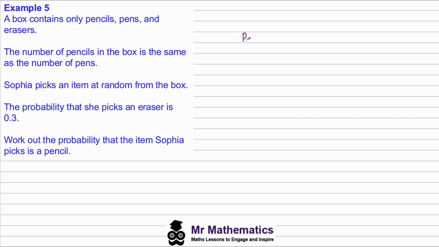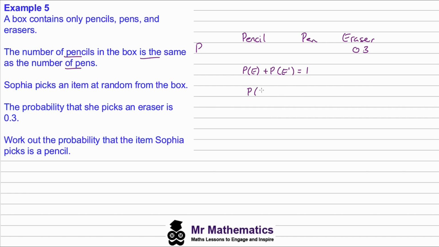We know we've got a pencil, pen, and an eraser. And we're told that the probability of getting an eraser is 0.3. We're also told that the number of pencils is the same as the number of pens. So the probability of a pencil and a pen will be equal. So either we're getting an eraser or it's not an eraser, and together, they'll add to make 1.